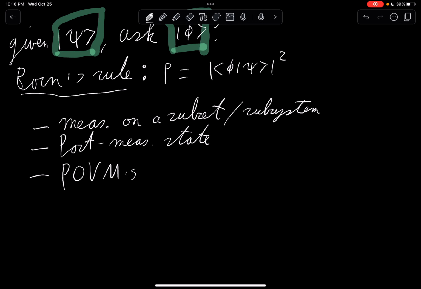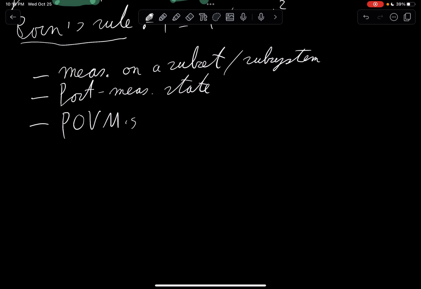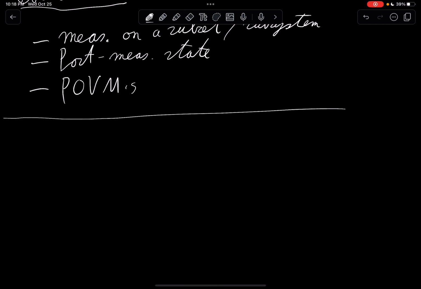So that's one potential motivation for understanding POVMs. But again, we won't discuss POVMs, but this generalization that I'll discuss now is at least the first step towards the more general case of POVMs. Okay, hopefully that was enough introduction. Let's now move on to this more general setup.